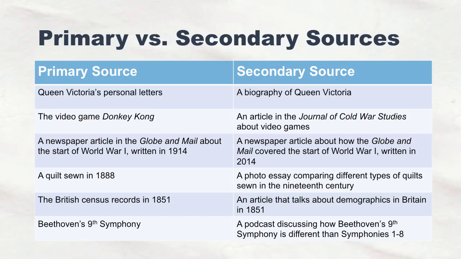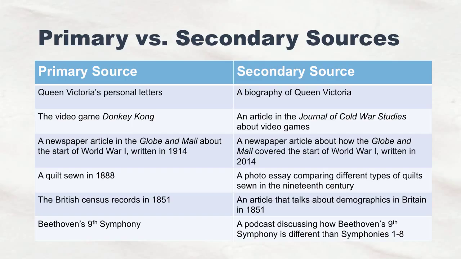A newspaper article about how the Globe and Mail covered the start of World War I, written in 2014, is interpretive, right? It's interpreting the primary source article that happened in 1914. So it's a secondary source. Now here's where it gets complicated.